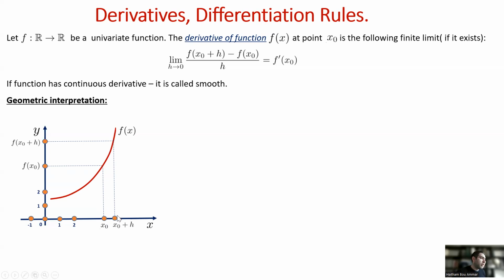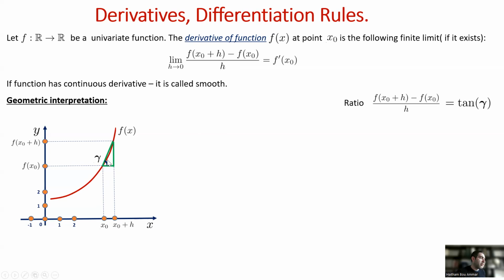As I said, we consider the slight displacement, so x0 plus h, and we compute the corresponding function value at that displacement, so f of x0 plus h. And then the difference f of x0 plus h minus f of x0 will be the length of this side in this right triangle. And then h, the displacement value, will be nothing but the difference between x0 plus h and the point x0, which will be this side in this green right triangle.